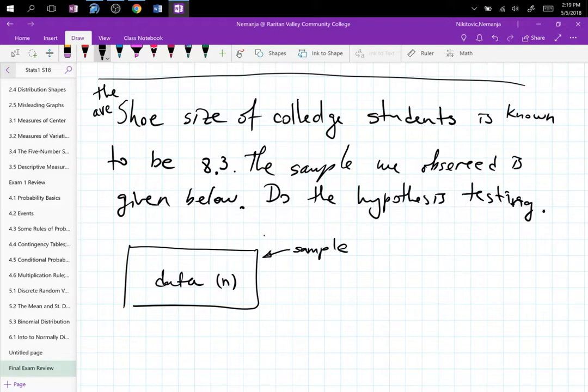And since the text never gave you the population standard deviation, you have to assume that it is unknown, because the population standard deviation is not given in the text. So we don't know what it is. But what I can do with this is calculate x bar and calculate s, which would feed into the confidence interval calculation.